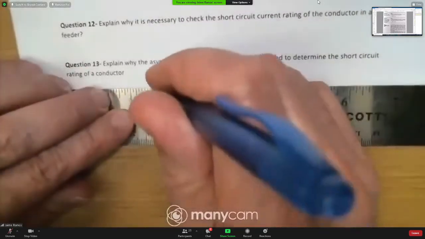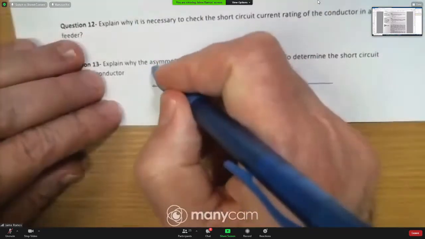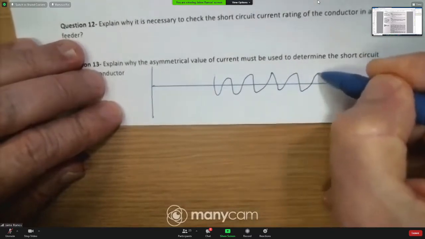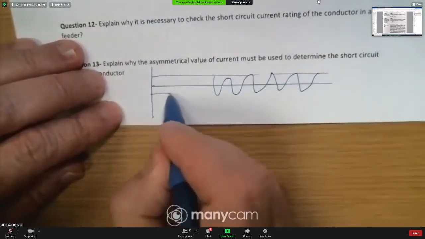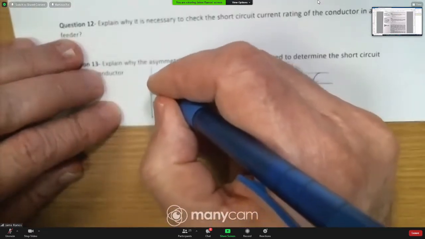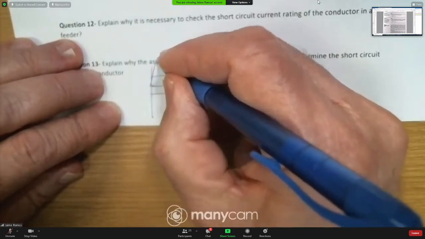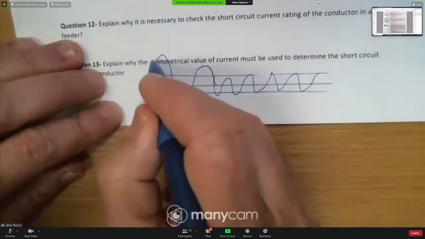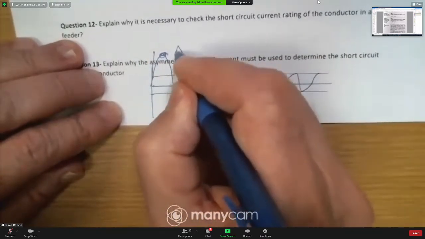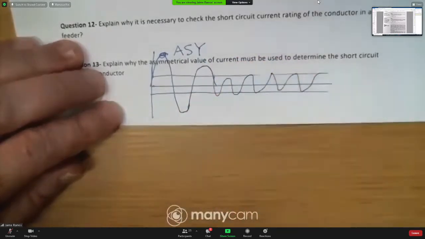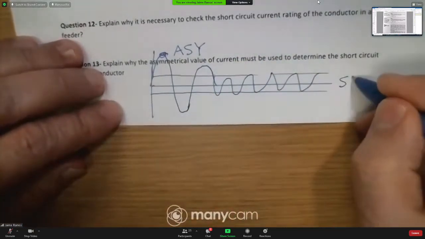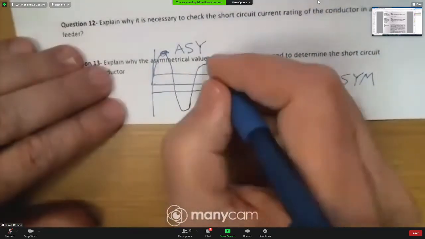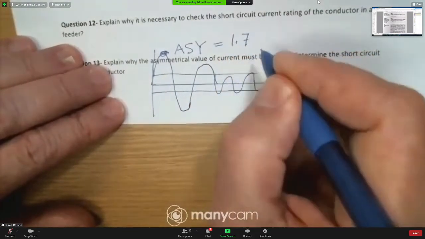So whenever you hear asymmetric, the long term current is like this, but the initial part, remember, has a big transient. This is the AC, and this is the DC component. This asymmetric current can be as high as 1.7.